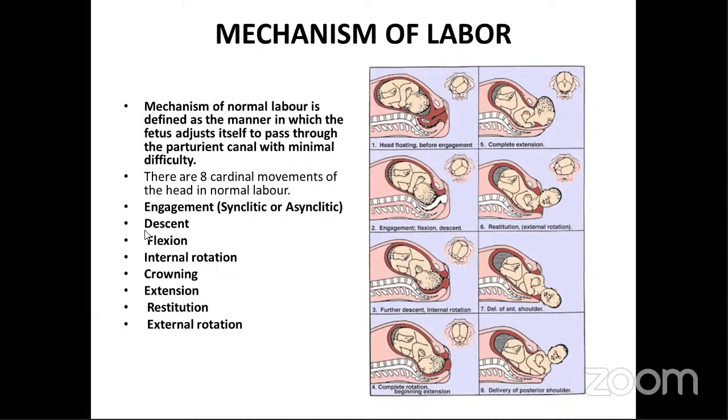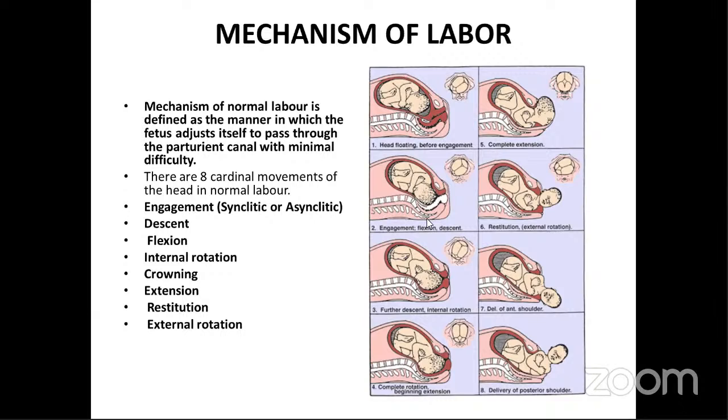First is the engagement. Descent. Flexion is where the head of the baby is more flexed so that the chin touches the chest of the baby. That is called the flexion. Then there is something called internal rotation. As you can see in this picture, the head is still floating in the first one.